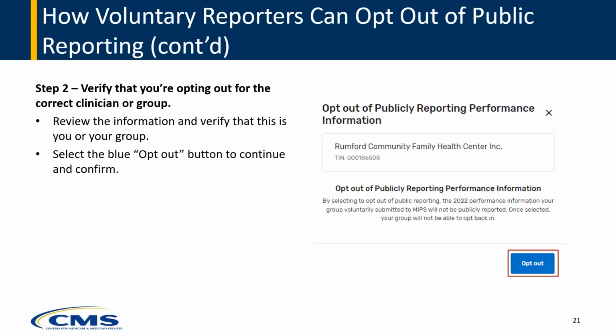Once you've selected the link, you'll see a screen showing the clinician or group name. Please review this information carefully and verify that this is you or your group. Then select the Opt Out button to continue and confirm. Please remember this decision is final and can't be changed later. Next slide, please.